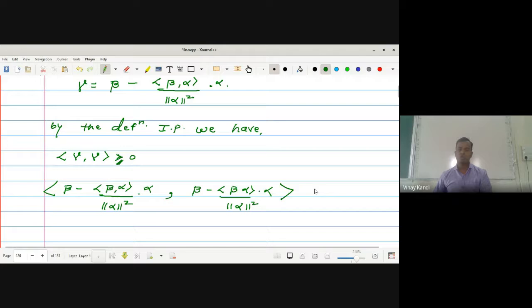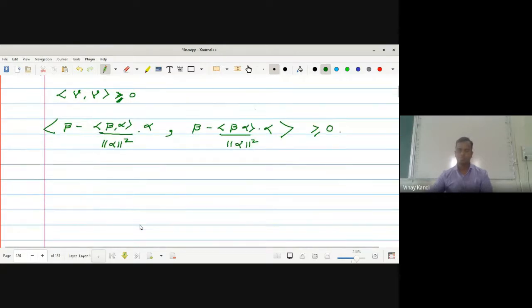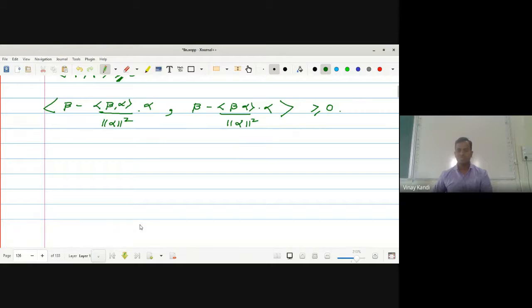This inner product is always greater than or equal to 0. Now using the linearity property in the inner product space, look here: this is the constant value, so this is beta.